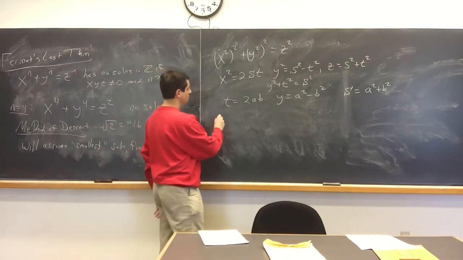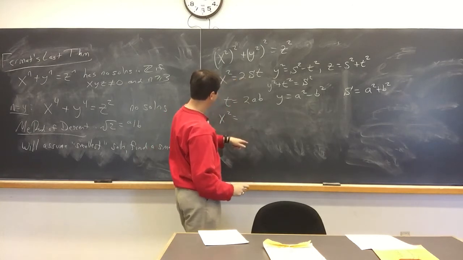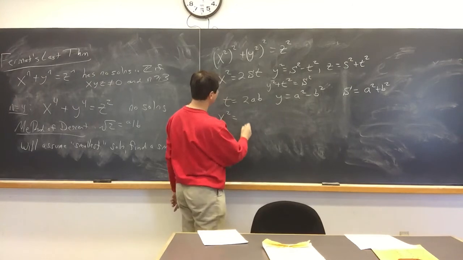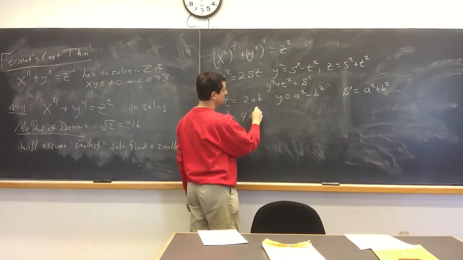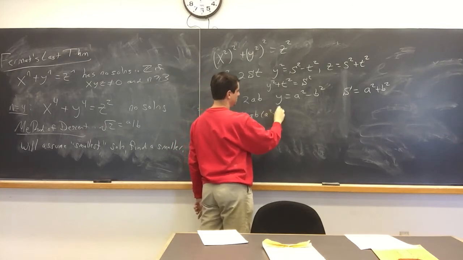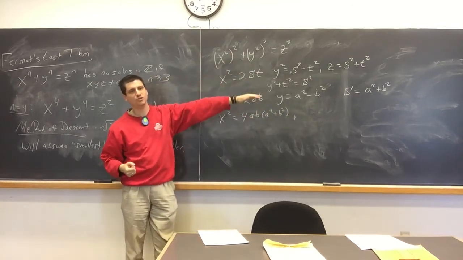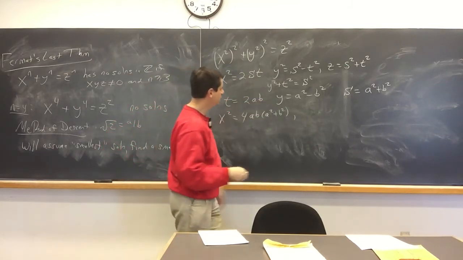Right? So x squared is going to be 2st. So t is 2ab, s is a squared plus b squared. So please make sure I'm not making too many algebra mistakes. We'll get 4ab(a squared plus b squared). My feeling is just when we have this many equations on the board, let's just write it nicely as to what's going on. y is equal to a squared minus b squared.